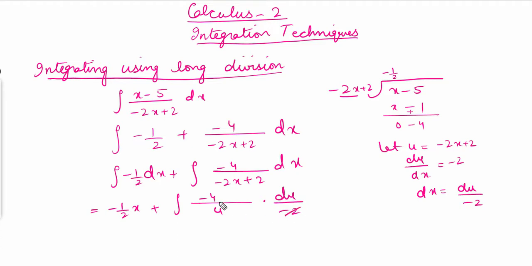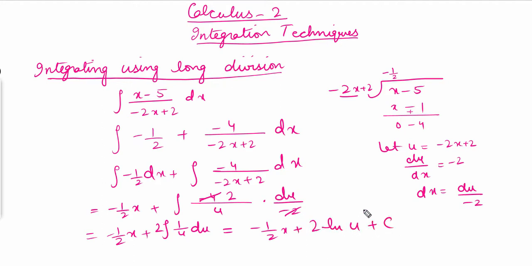So minus 2 and minus 4 will get cancelled, and in the numerator we will have only 2. Alright, so it will become minus 1 over 2x plus the integration of, I'll take 2 outside, 1 over u du, which will become equal to minus 1 over 2x plus 2 ln u plus constant.